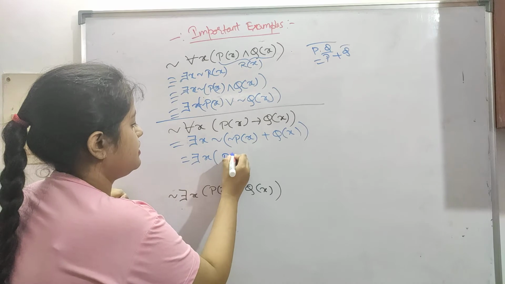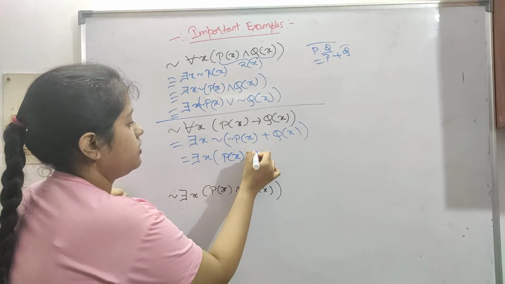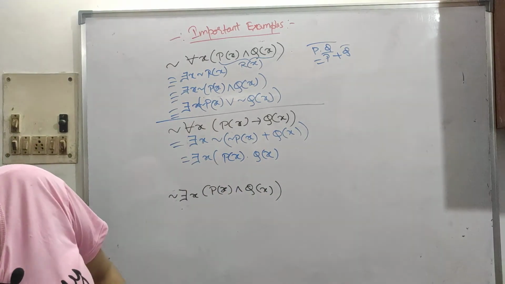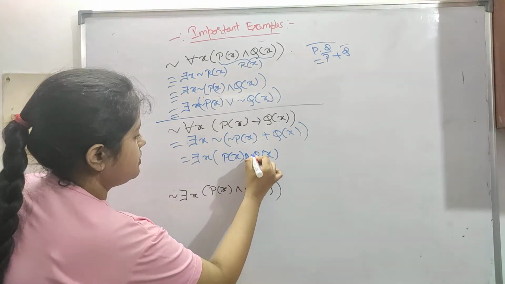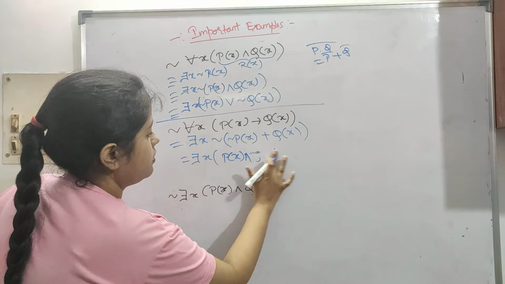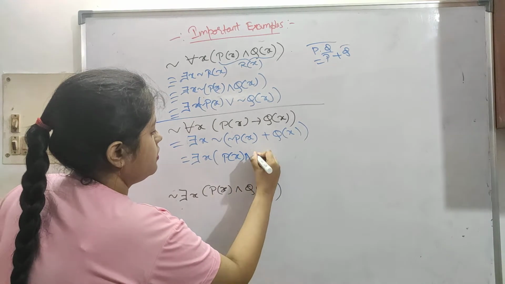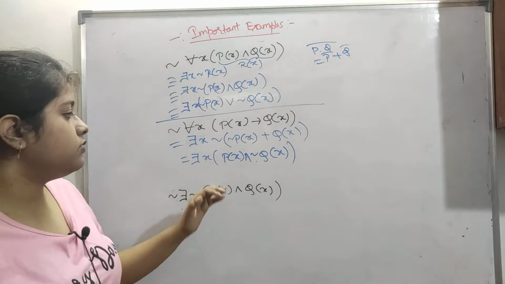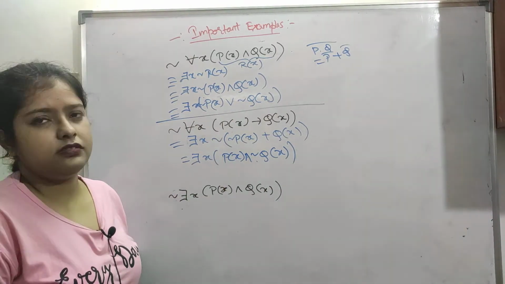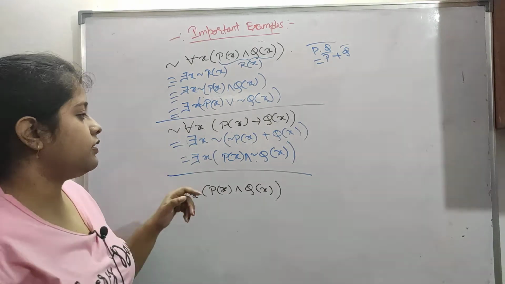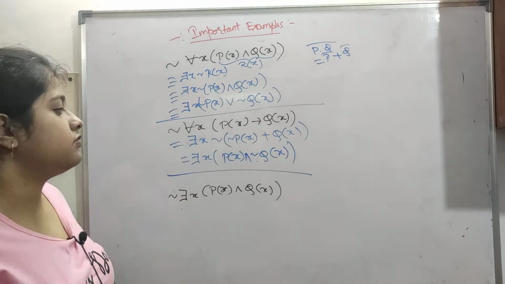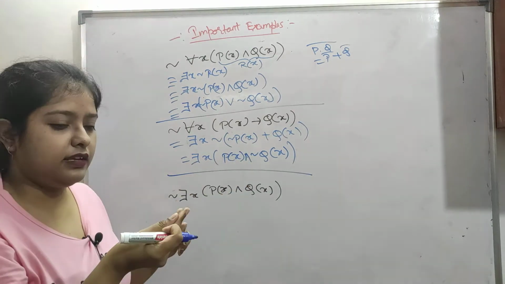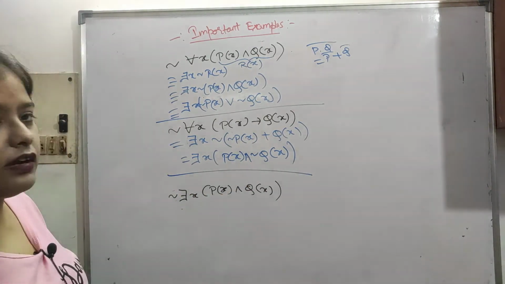This will be changed to P(x) and Q(x). I'm not writing dot because it is just terminology; I tend to forget these names like conjunction, but it's okay. In GATE, options will be there, so you have to pick the correct one.